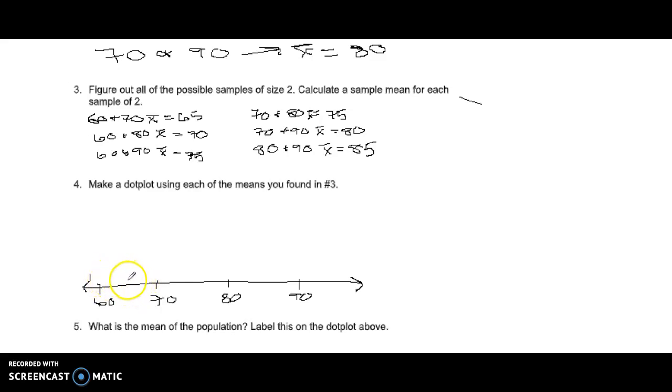Okay, so I have a 65, I have a 70, I have a 75, I have another 75, I have an 80, and I have an 85. This is starting to look kind of normally distributed.